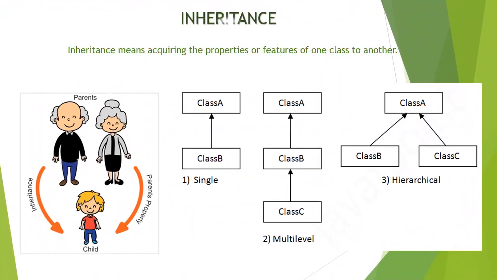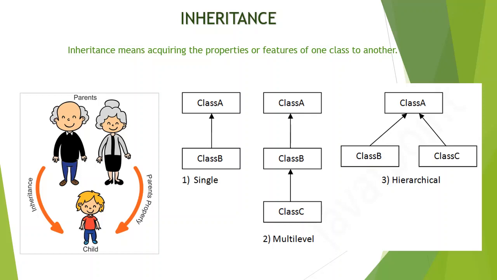The next concept is inheritance. Inheritance is one of the object-oriented principles. Inheritance means acquiring the properties or features of one class to another. The class which gives the properties to another class is called a parent class, base class, or superclass.